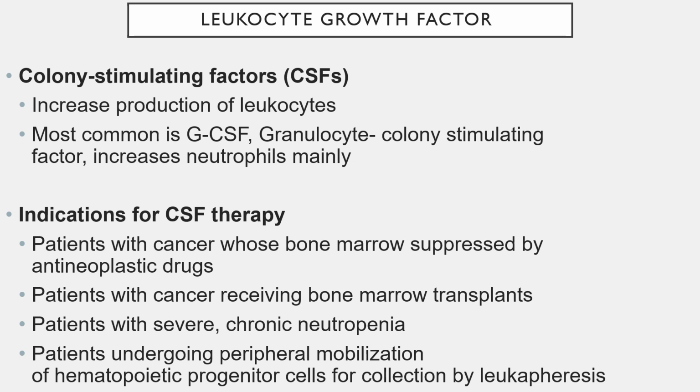A patient that's received a bone marrow transplant, we can use one of these drugs to stimulate white blood cells to start being released into the bloodstream again. Or anybody with low neutrophils that we want to increase the levels because they're at such a risk for infection. So those are the main ones. Okay? The most important one definitely is someone who's had chemotherapy drugs that's suppressed their bone marrow.